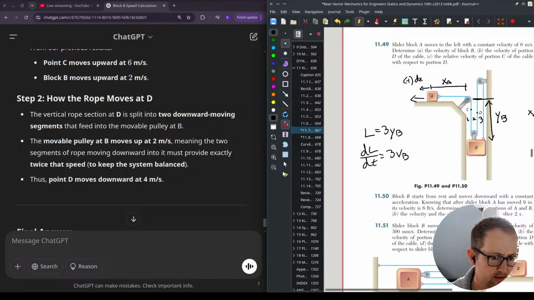And that dL/dt is our negative VA, that it's changing length by that, equals 3 VB.